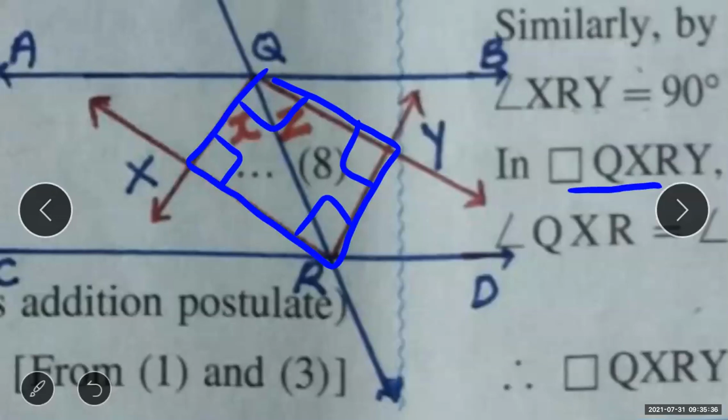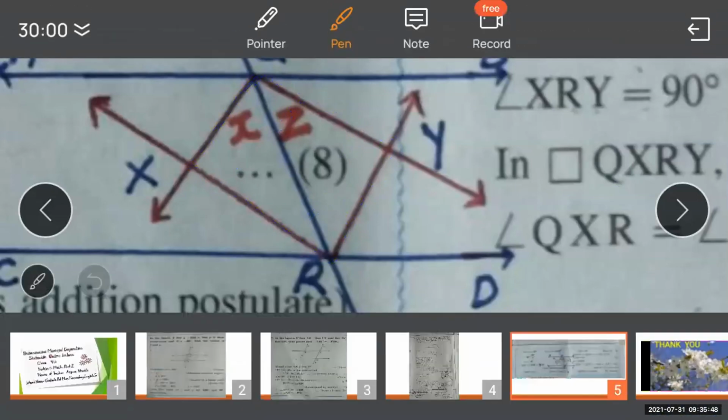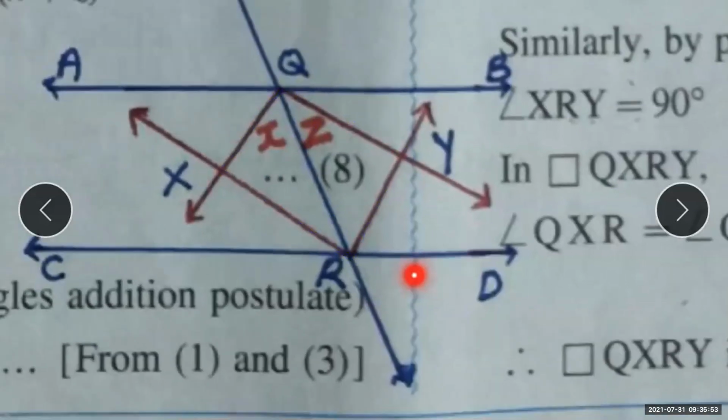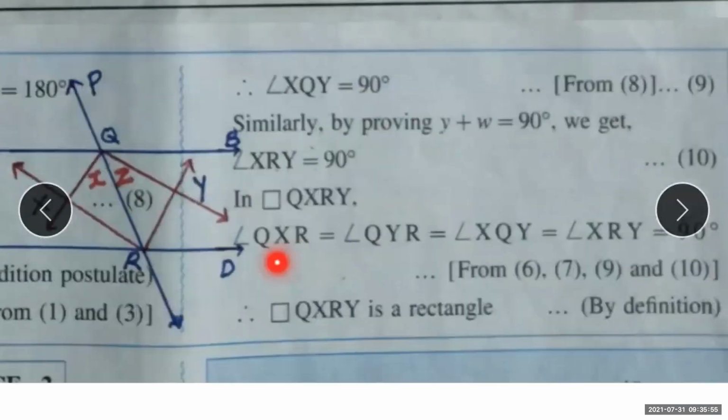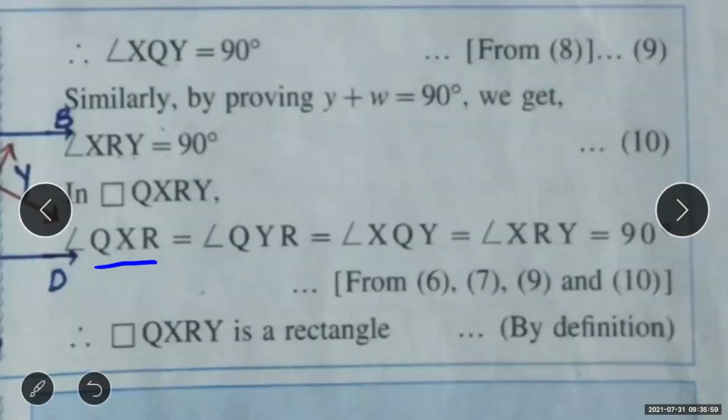Okay, then if the four angles are measuring 90 degree, here all the angles of this quadrilateral are mentioned. You can see here angle QXR equal to angle QYR equal to angle XQY and equal to angle XRY.